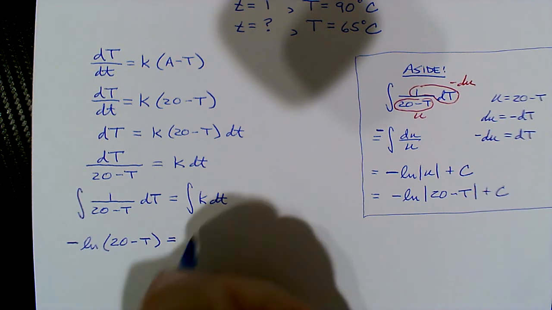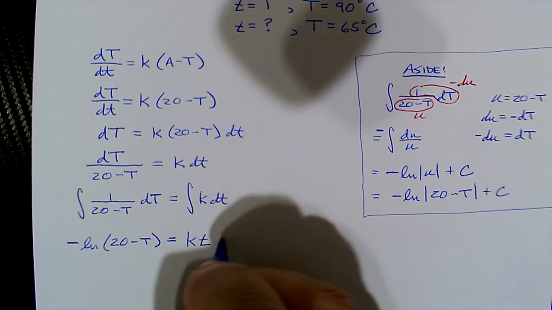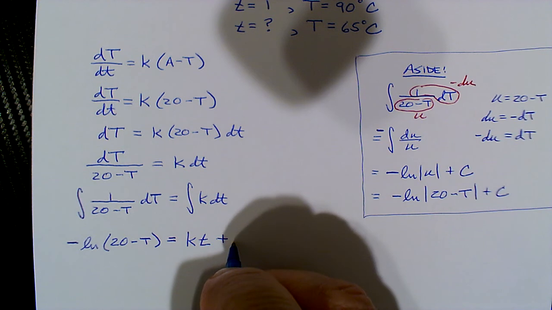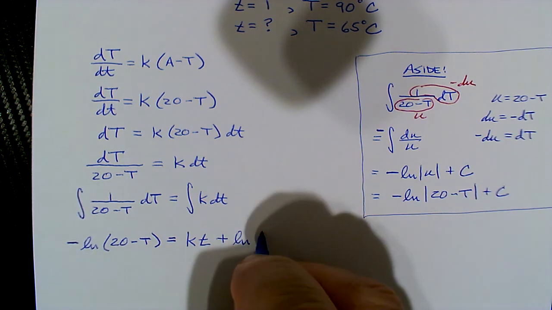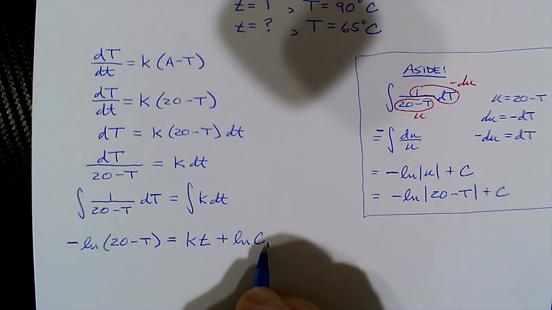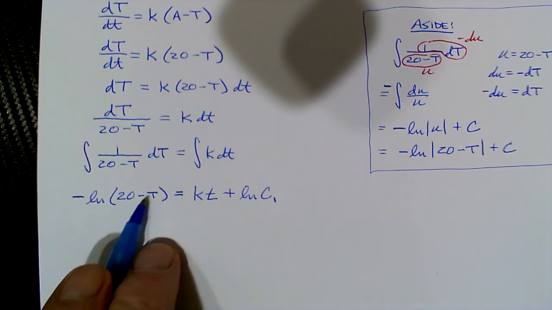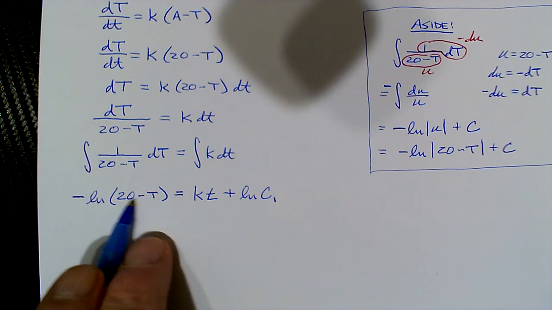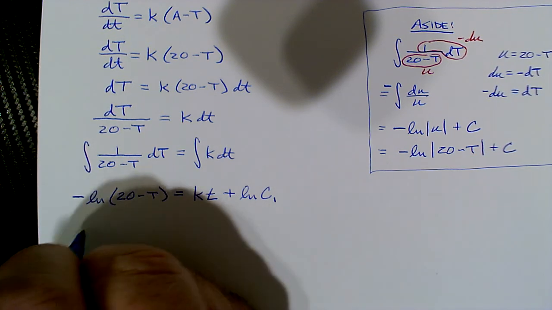And that's equal to integrating k with respect to t. We get kt plus, okay, we can call this the natural log of c, because there's a natural log over here. But I'm going to call it the natural log of c1. The reason is that I have to isolate the natural log by multiplying everything by -1.